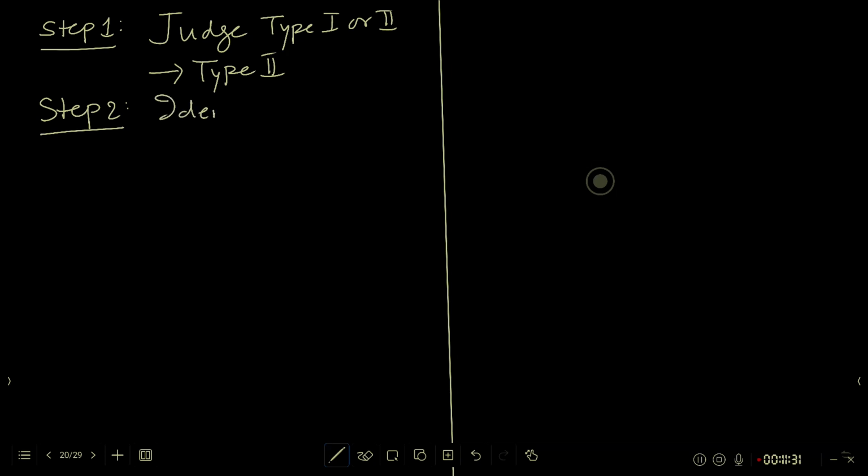Step 2 was identify your working coordinate system. This is my working coordinate system, C x1 e1, x2 e2.